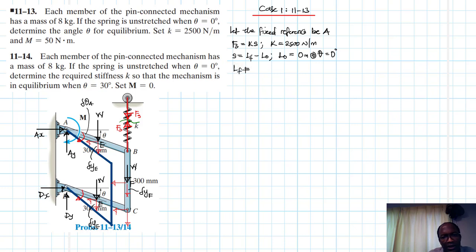L final is just equal to the length of our member. What's the length of this? 300 millimeters, which is 0.3 sine theta. So we are talking about this length here, which is 0.3 sine theta. Getting it right?